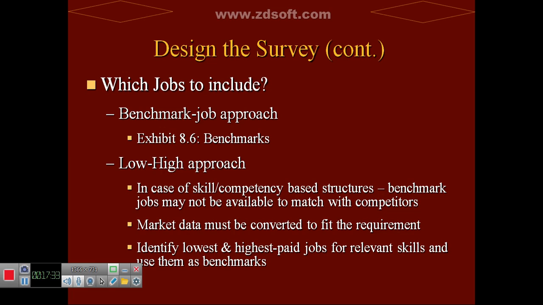Though it will be difficult, it is not impossible. The company is required to identify those companies and those jobs and find out the lowest and the highest paid jobs for the same set of skills and competencies and consider them as a benchmark. They can even consider the average of it, or they can consider the highest paid company.